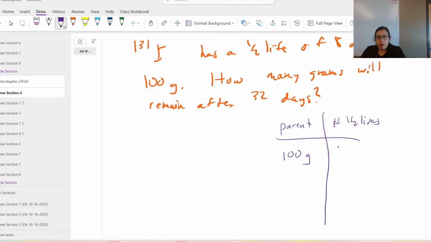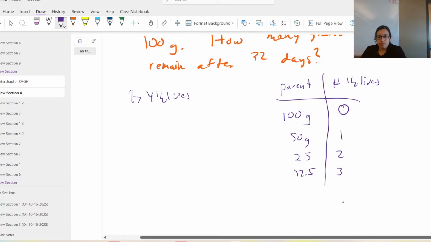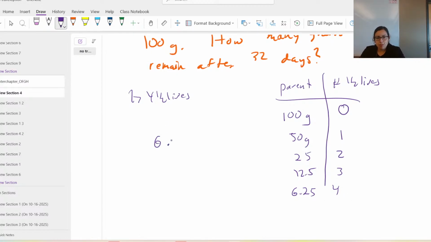So okay, 100 grams to start off with. And then we determine that we went through 4 half-lives in this problem. So at 50 grams, it's 1 half-life, 25 is 2 half-lives, 12.5 is 3, and then 6.25 after 4. So then we could stop here, and that's our answer, that we would have 6.25 grams left.